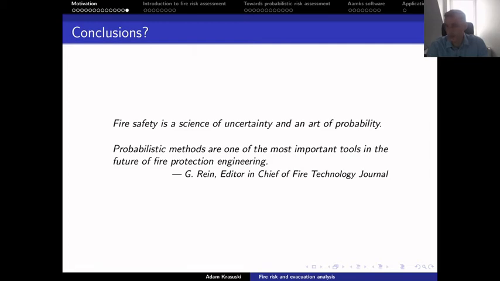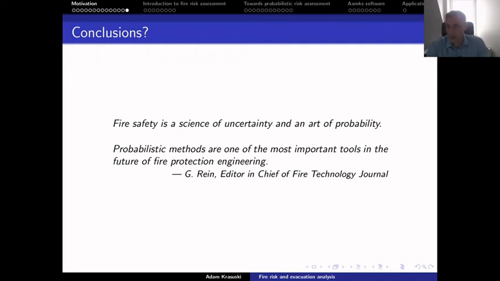Maybe for the defined fire scenario, we can prove that the building is safe, but we don't know whether there are many other fire scenarios in which we cannot satisfy this ASET approach.